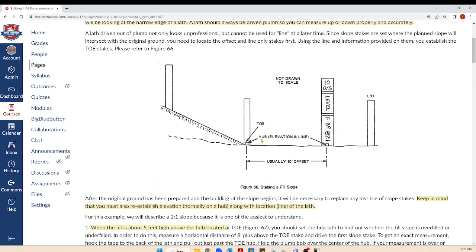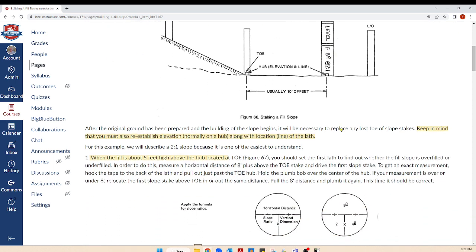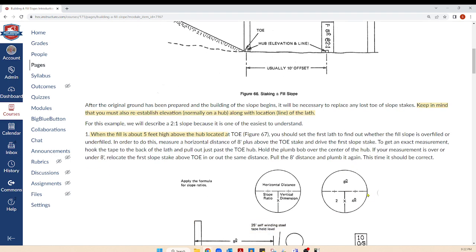They're all going to be 4 foot if we put the first one at 4, because it's a 2 to 1 ratio, and it's a total fill of 8 foot. And so there's going to be 1, 2 stakes till you get to the top. This is going to be 4, and then the next one's going to be 4, and there you are. You're at the top, 8 foot. We'll talk more about that. Here's your little get me out of trouble circle that I have tattooed within my brain.